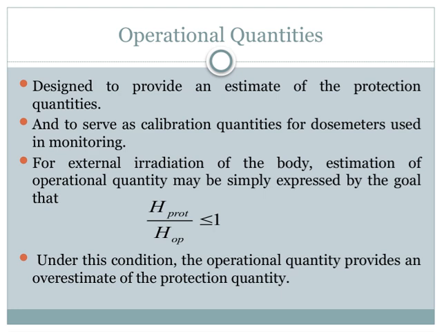That is, it should tend to overestimate the actual protection quantity. This approach ensures we're not underestimating the potential risk, which is crucial for maintaining safety. So, in summary, operational quantities are designed to help us gauge exposure accurately, while also being practical for calibration and monitoring purposes throughout the entire process.